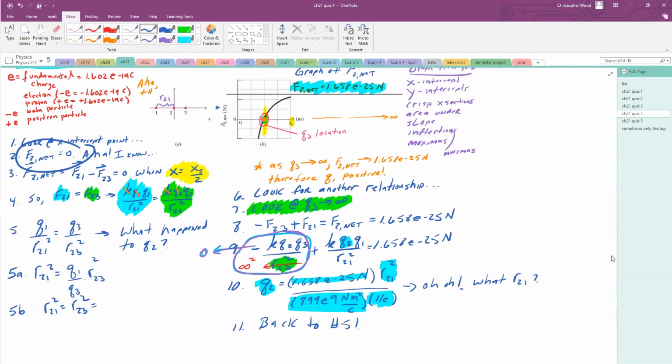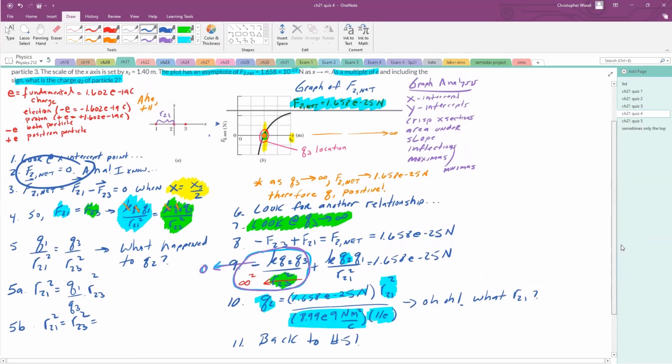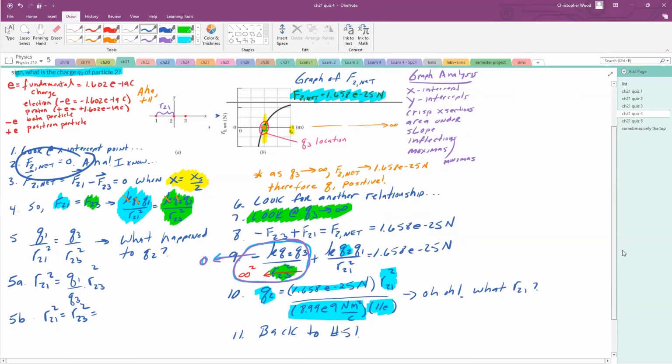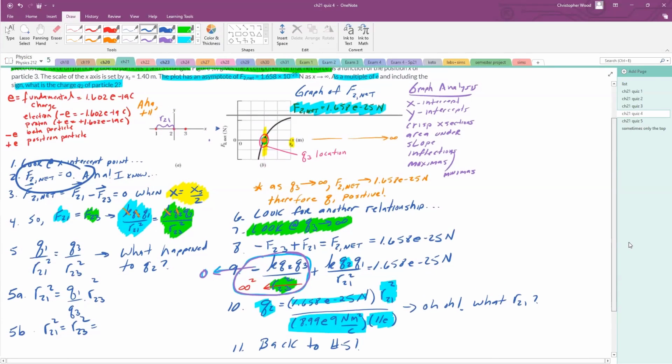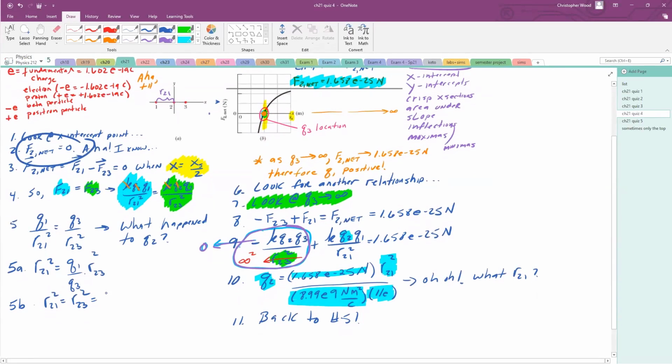In 5B, Q3 is still at that XS over 2. R23, the distance between 2 and 3, was XS over 2, squared.